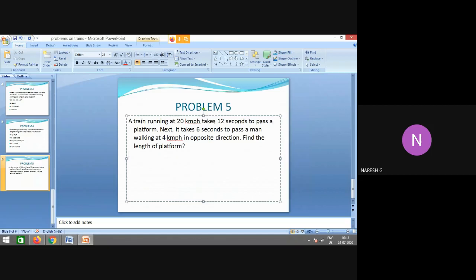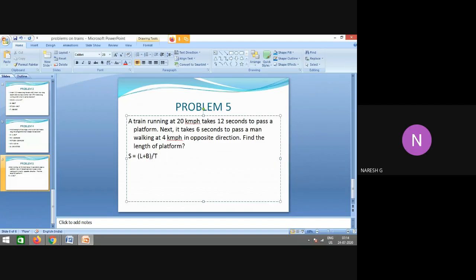If a train crosses a platform, a bridge or a tunnel, the formula we have to use is S equal to (L plus B) divided by T.